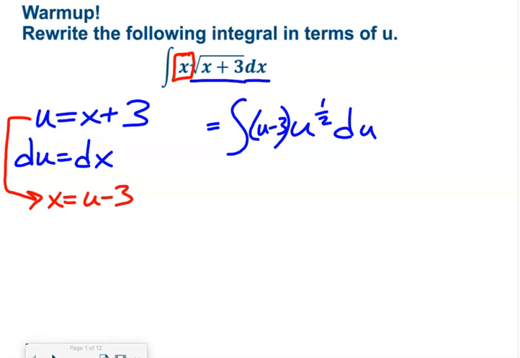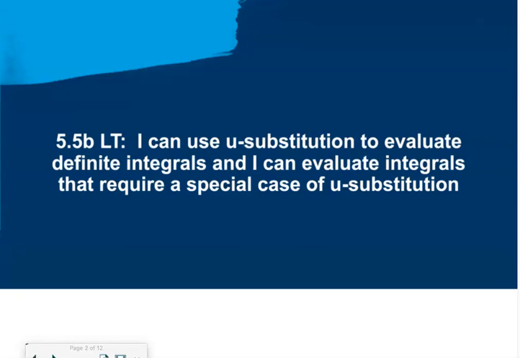All right, good. So today we're doing section 5.5b. There are actually 3 parts to 5.5b, and we're going to do all 3 parts. The first part is called special case u-substitution, which is what we just touched on, and we're just going to do a little bit more of that, make sure that we understand how that works.